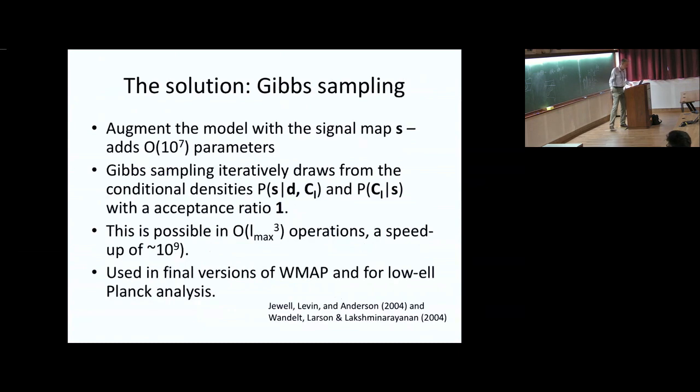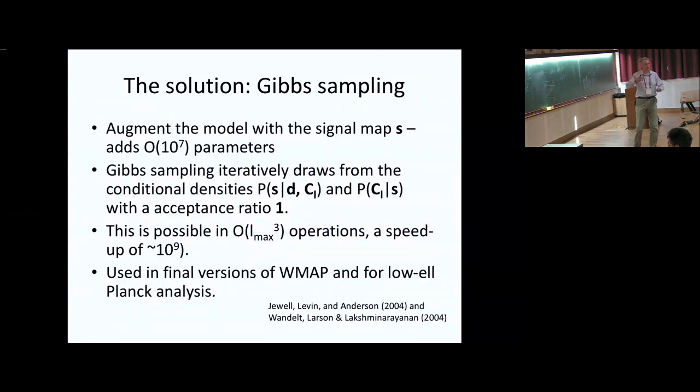It's too costly. So the solution for this case was Gibbs sampling, which is another sampling technique, where instead of writing the data directly as in this likelihood that we wrote there, you split up the likelihood into two pieces.